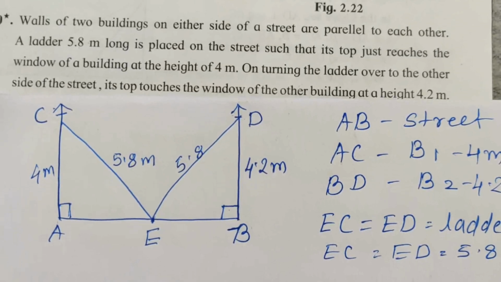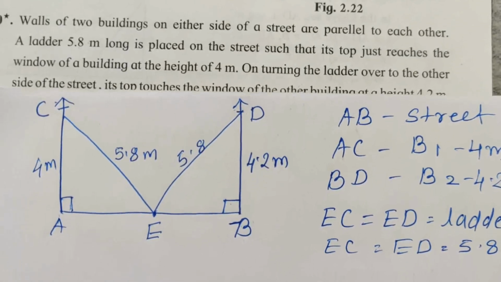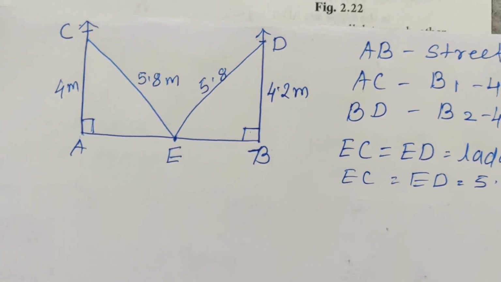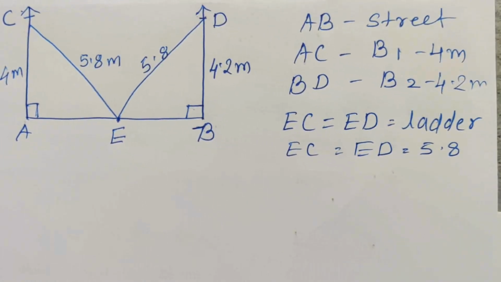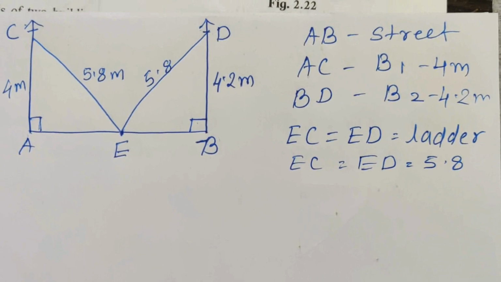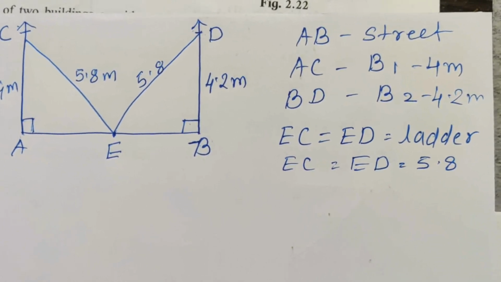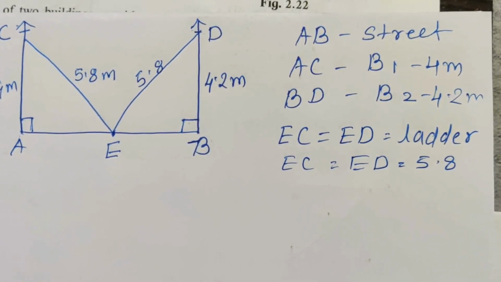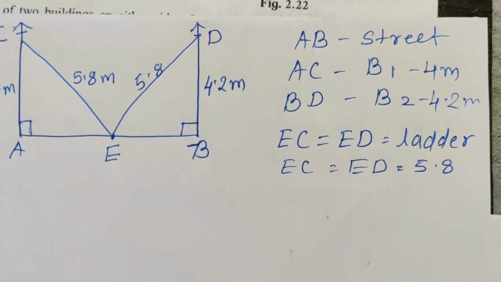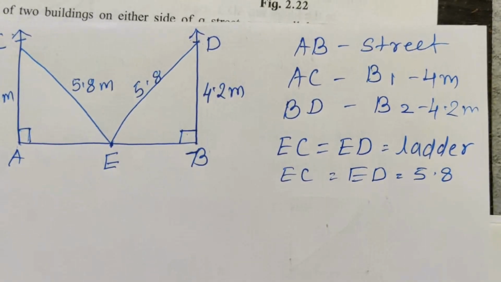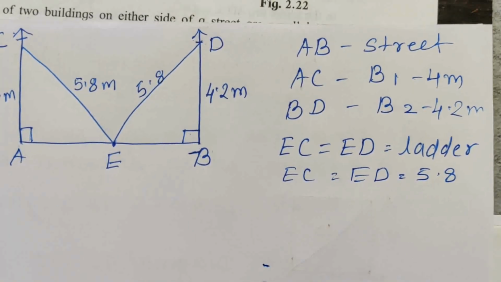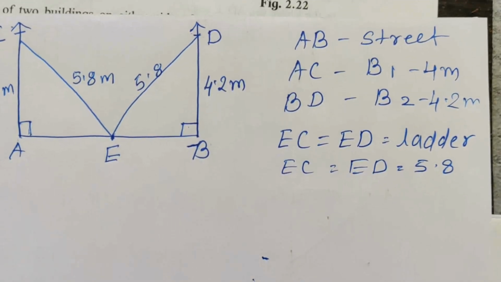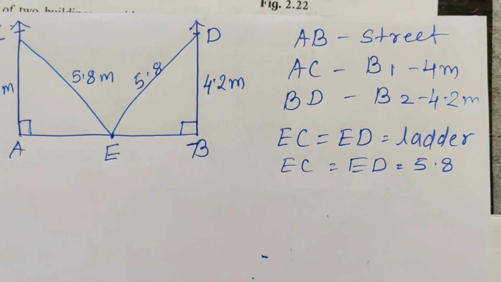Now we will solve it. In the diagram you can see two right angle triangles.